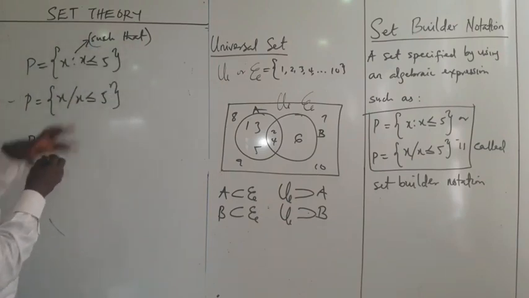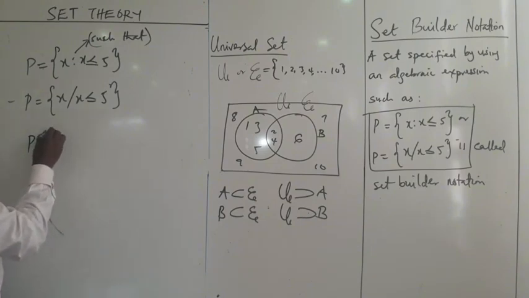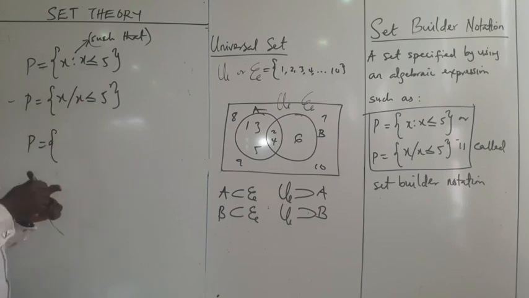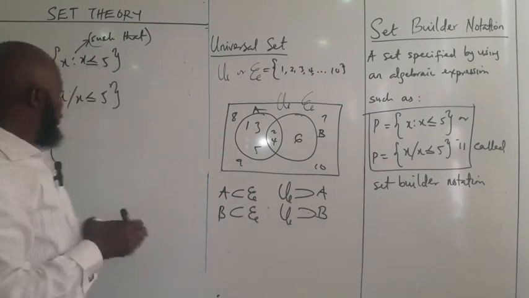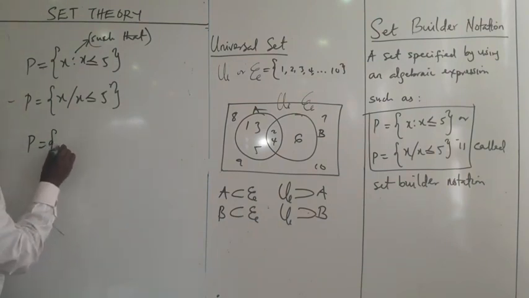So for P, we want to write this out, because sometimes they will give it this way. We are going to list out the elements. Since we have so many numbers that are less than 5, we cannot write everything, so we just put dots. That is, we have plenty of them.